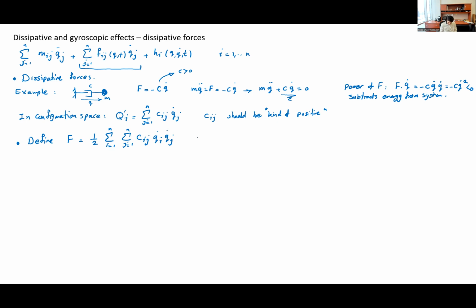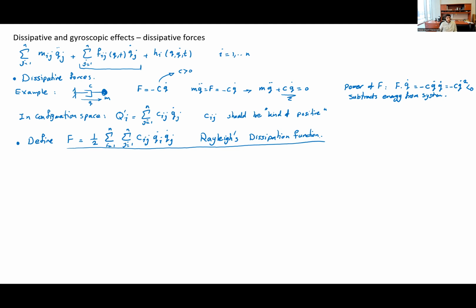This one is called Rayleigh's dissipation function. Let me emphasize it, since it's something important.